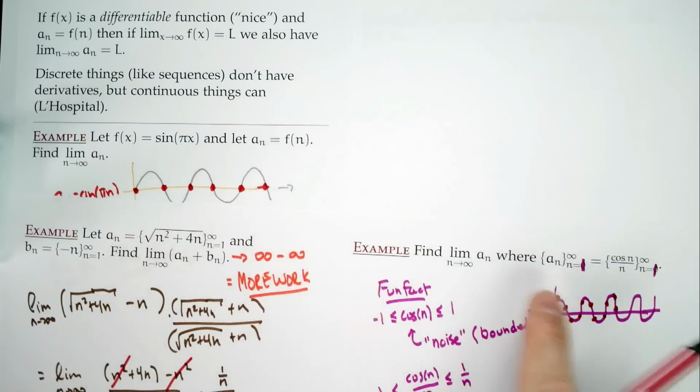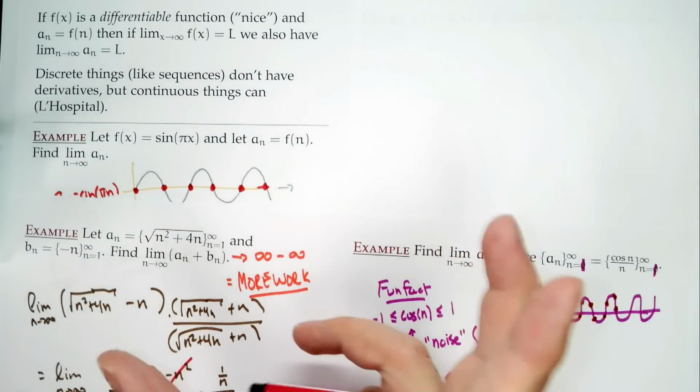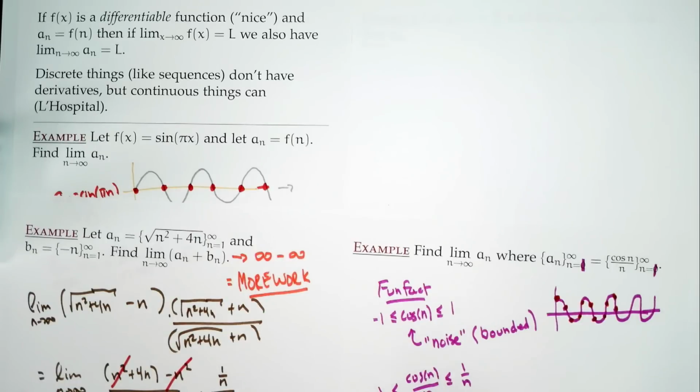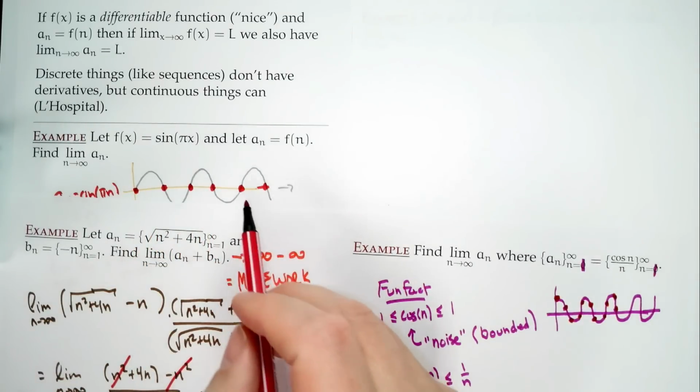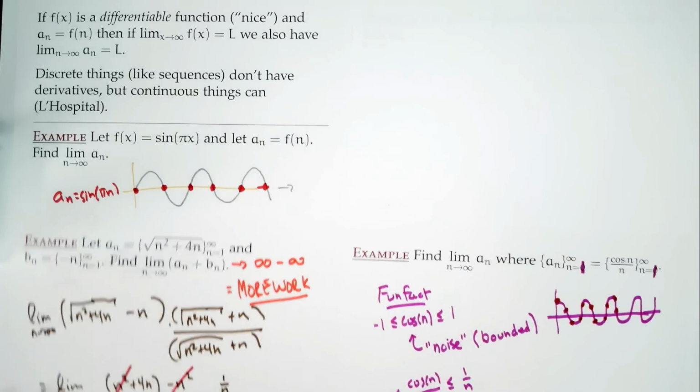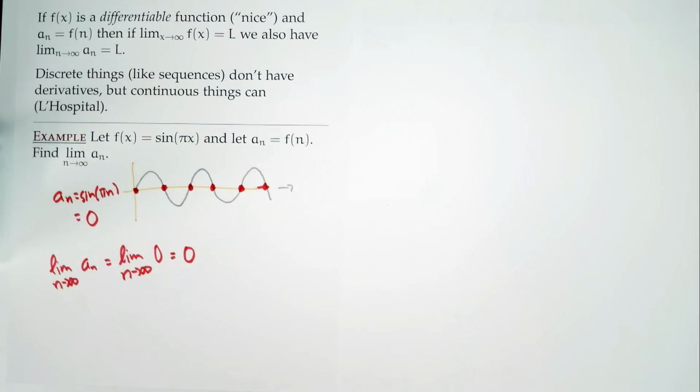Because we have that pi, it changes how frequently we go up and down, so that when we sample, we sample at really nice places. This is one of the dangers of sampling: you might choose a bad place to sample, and somehow capture behavior that isn't really there. But of course, the downside is, if you don't sample, you can't capture everything. So what do we do? Well, oftentimes we sample a lot.